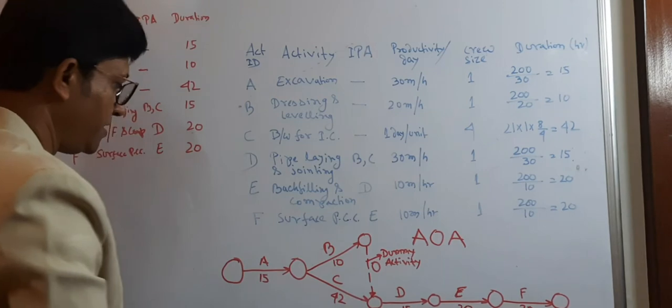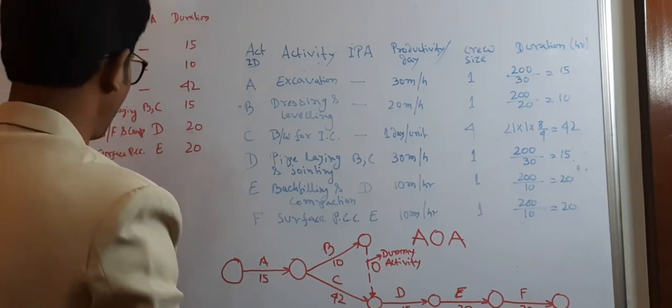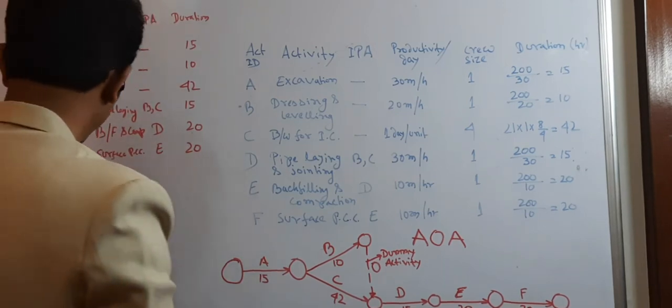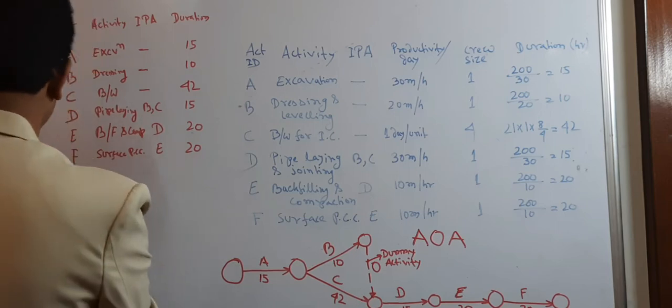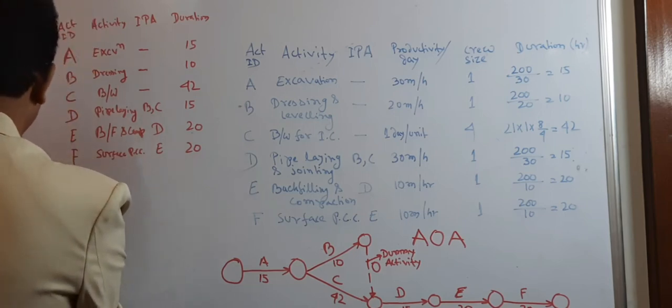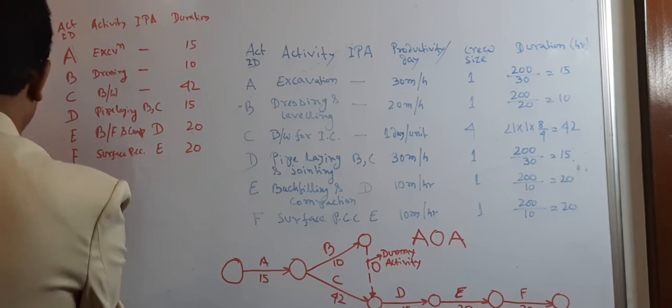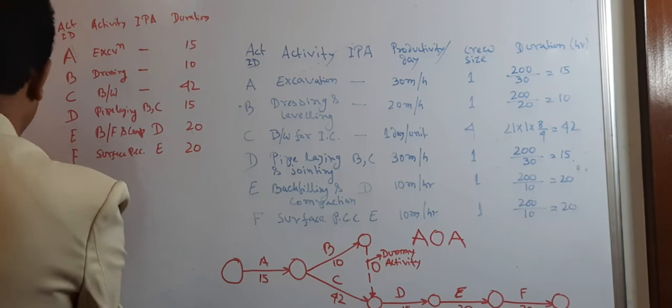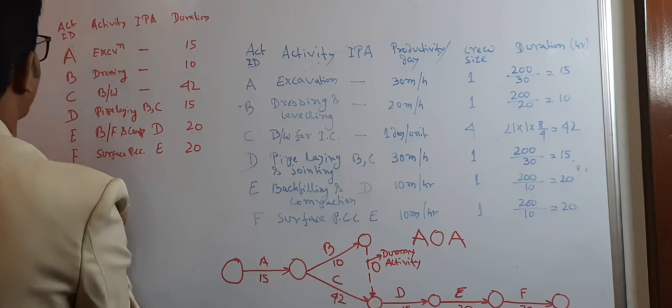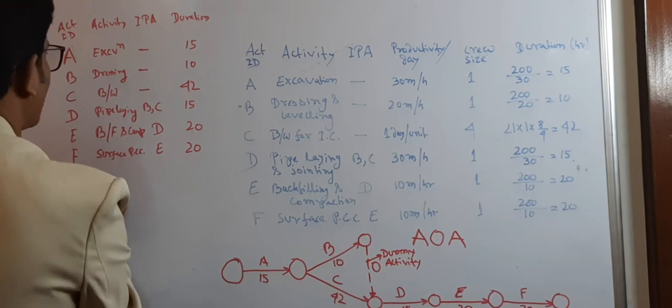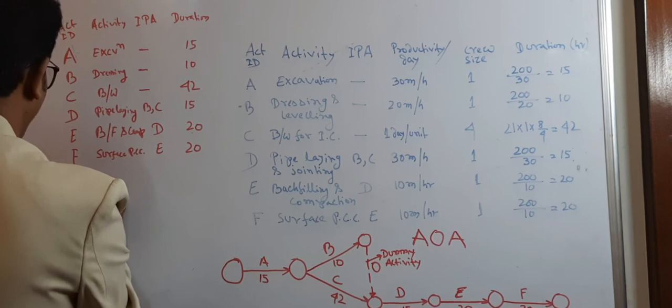And in case of the AON diagram, let us draw this initially. As this is A, we will write the A above and the duration is 15. Then we will move to B, whose duration is 10.